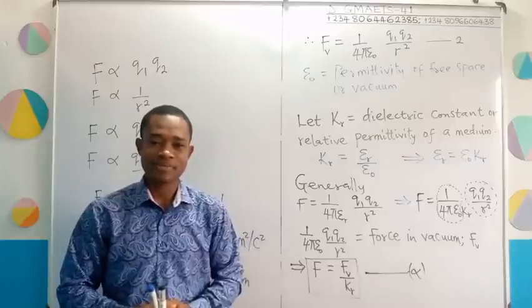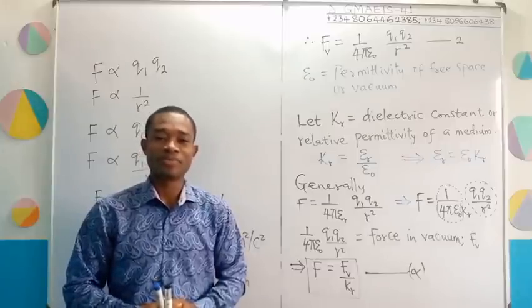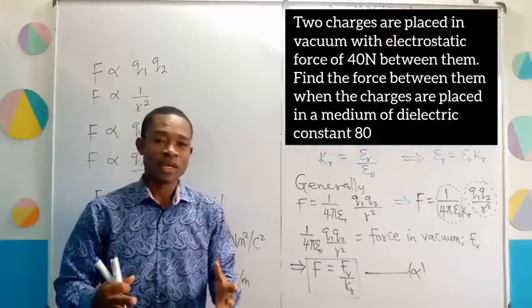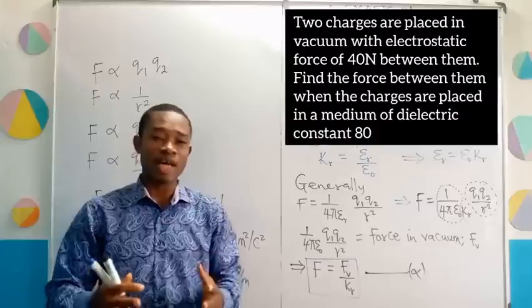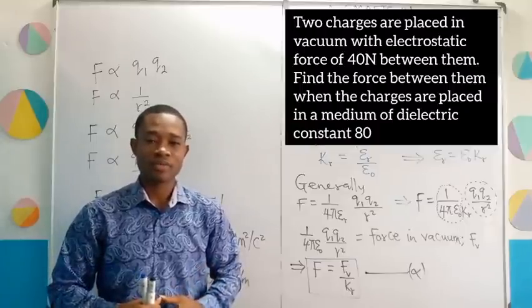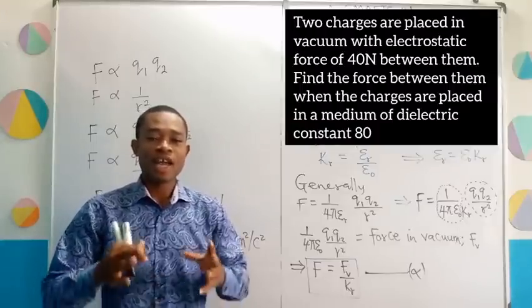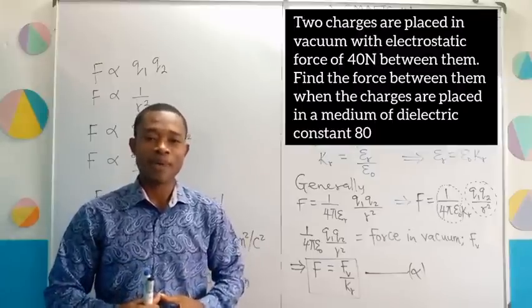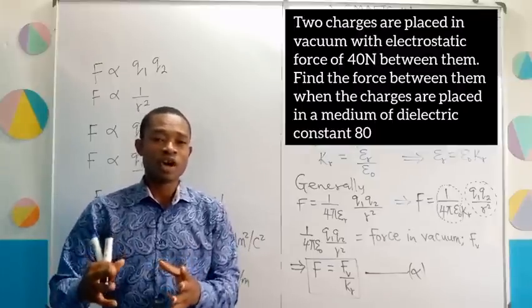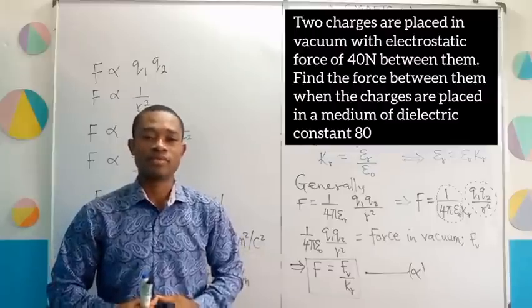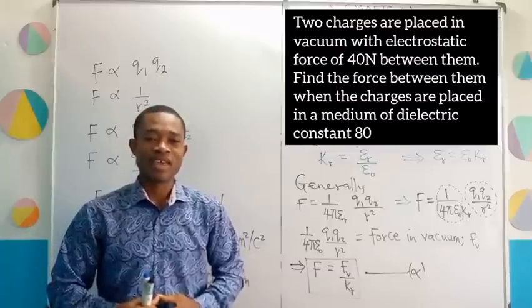Are you ready? So we go. Two charges are placed in vacuum and the electrostatic force between them is 40 Newton. Find the electrostatic force between these charges when they are placed in a medium of dielectric constant 80. What is the answer?